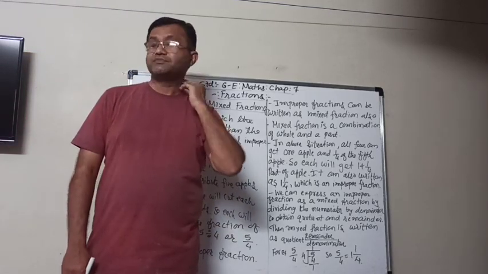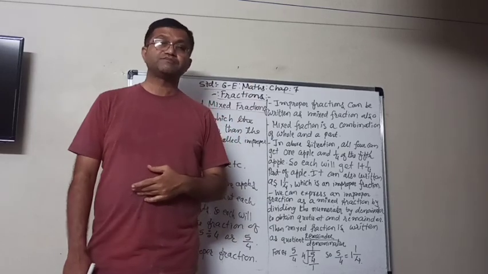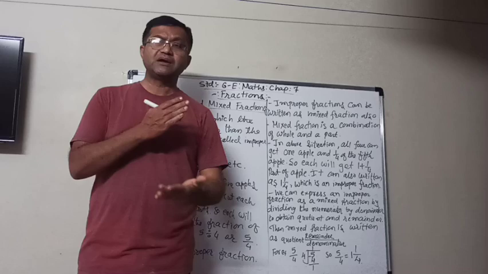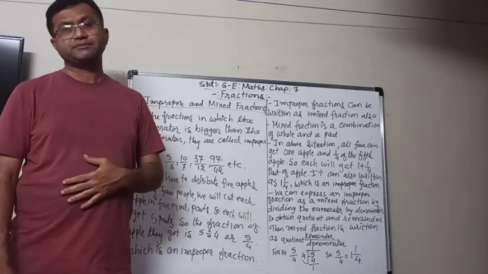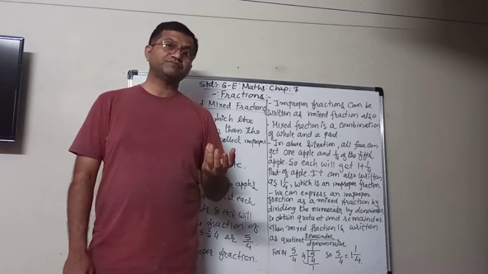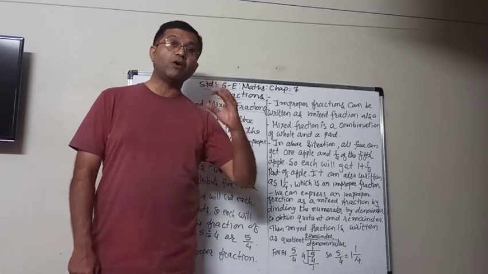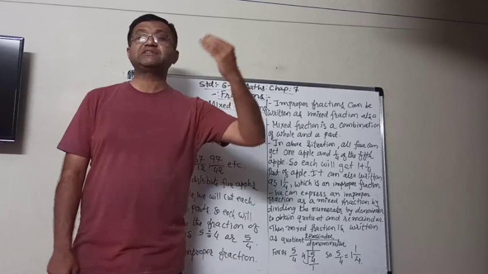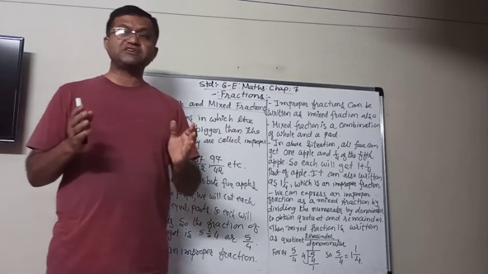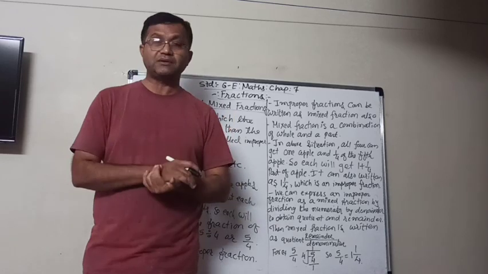Here the number in the numerator is larger than the number in the denominator. And obviously, therefore, these numbers are more than 1. So improper fractions cannot be between 0 and 1.